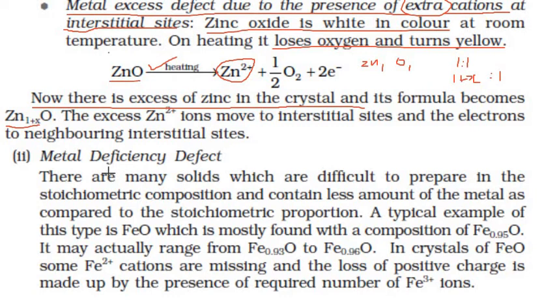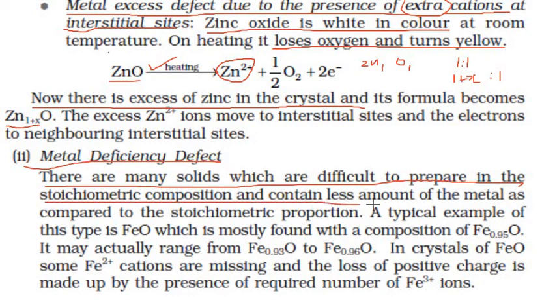And the last one is a metal deficiency defect. There are many types of solids which are difficult to prepare in the stoichiometric composition and contain less amount of the metal as compared to the stoichiometric proportion. For example, FeO is a typical example.